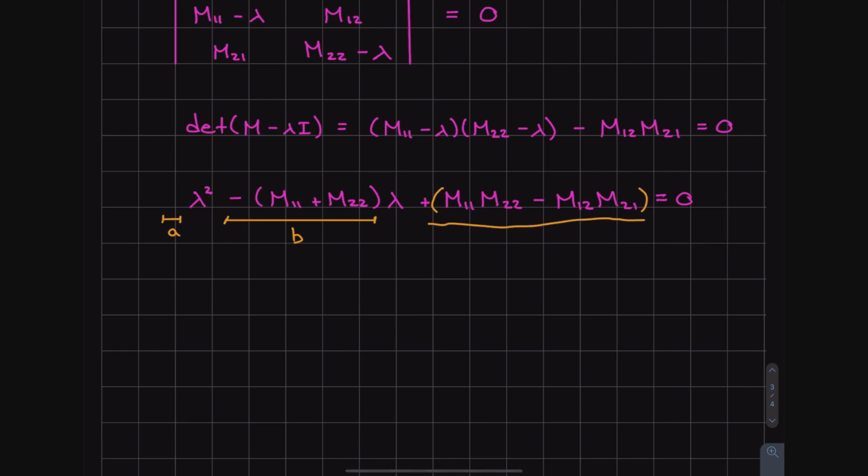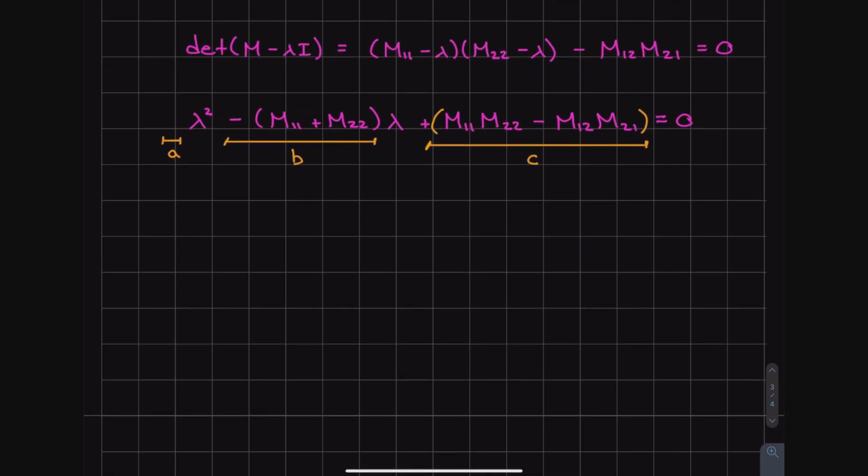So I'm just doing the quadratic formula and solving for the roots of this function. The quadratic formula states that lambda is equal to negative b plus or minus the square root of b squared minus 4ac, all divided by 2a.